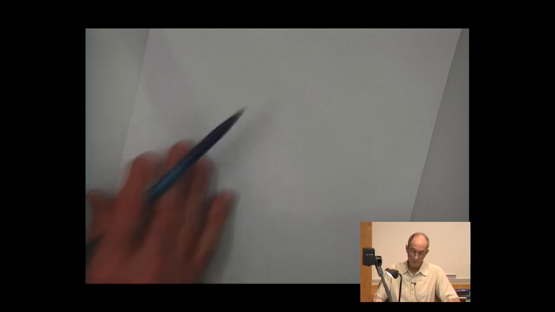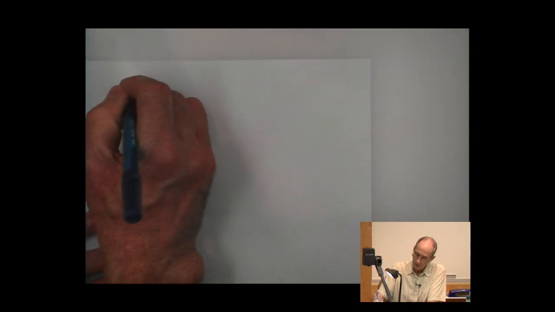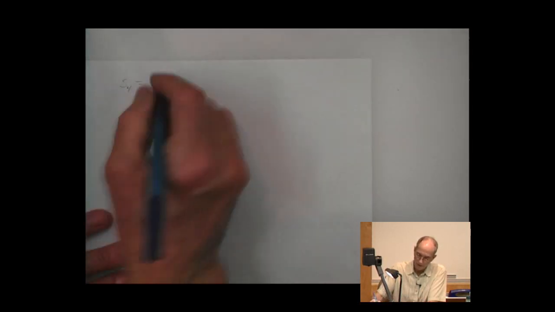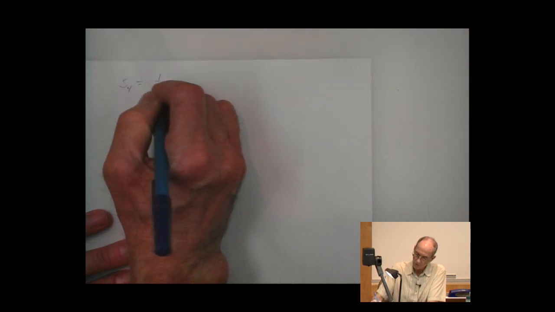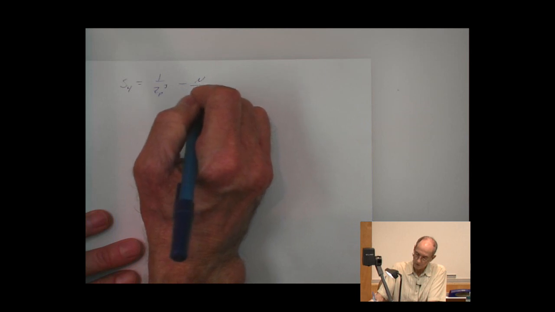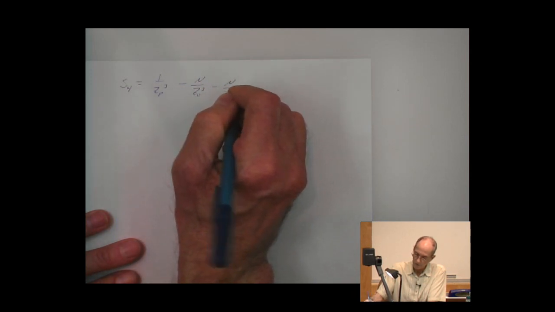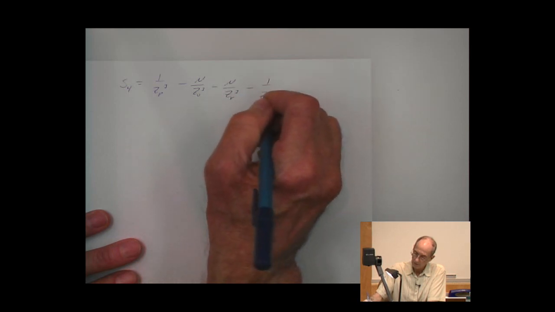All right. So not too hard. All you have to do is solve Z4 and then sub that in. All right. So let's go ahead and do that. So we have that, first off, S4 is, again, equal to 1 over ZP cubed minus mu over Z0 cubed minus mu over ZR cubed minus 1 over Z4 cubed.